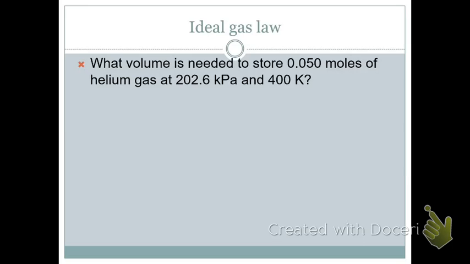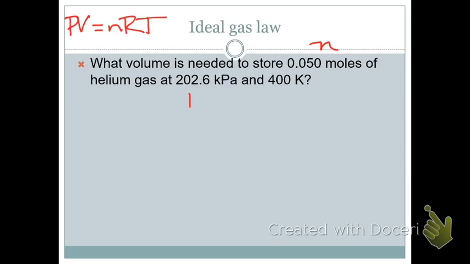All right, let's break this up into all its little individual pieces. We know that ideal gas law is PV is equal to nRT. So that's good. And then we look at this. We know that we have n, which is our moles.